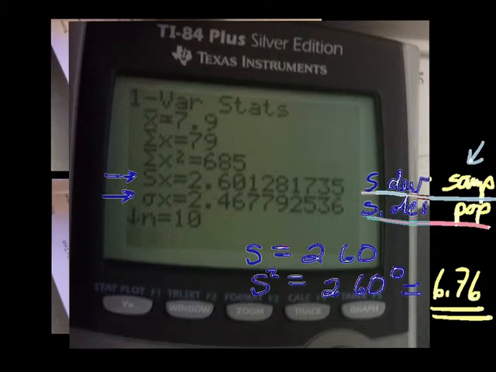I am going to do a little addition to this video, which you can choose to either watch or not watch, but in general, for homework and tests, I want you to use technology to find standard deviations and variances. Your textbook has an outline of this procedure I'm going to show you that'll help you find the standard deviation.